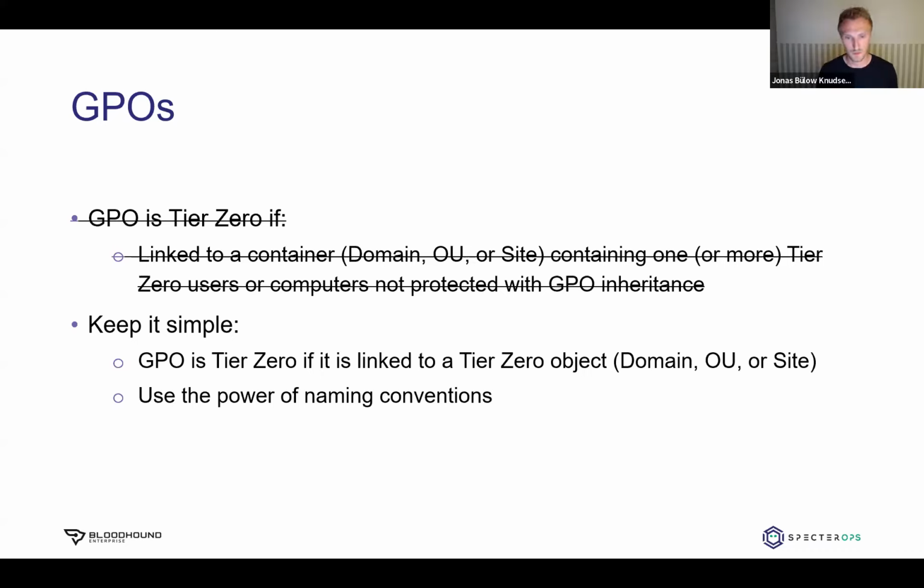A challenge we see in real environments is that maybe a support admin creates a GPO called enable Windows Defender, applies it to all the workstations in the environment, and then the tier 0 admin sees that GPO, thinks it's a great GPO, and links it to all the domain controllers, for example. But now the support admin still has control over this GPO, and that GPO now applies to tier 0.